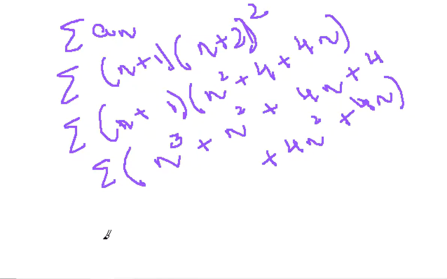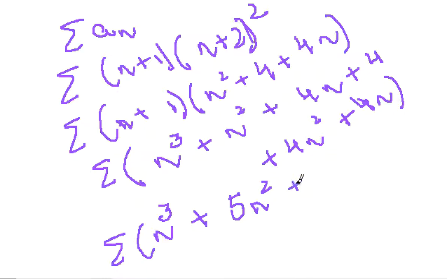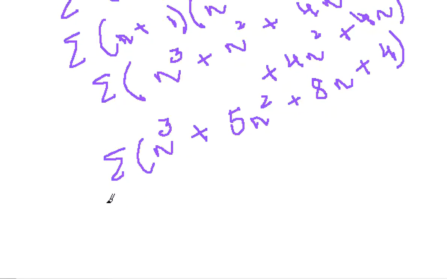Now combining the similar terms, we get n cube plus n square plus 4n square is 5n square plus 4n plus 4n is 8n plus 4. And note that we have to find this from n equal to 1 to n equal to 9.